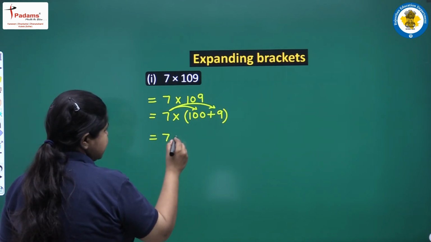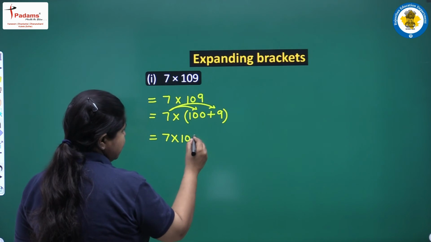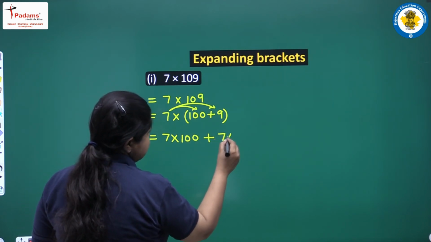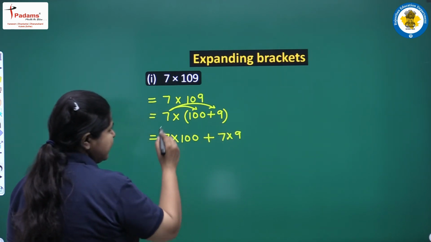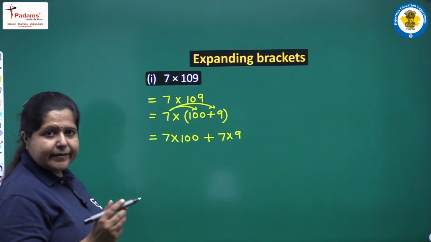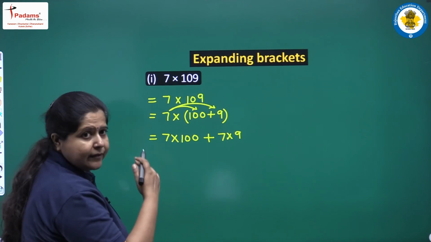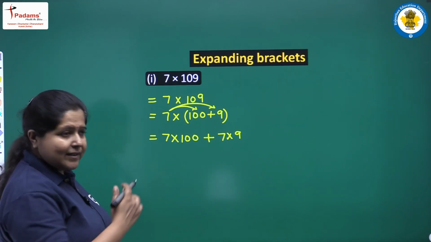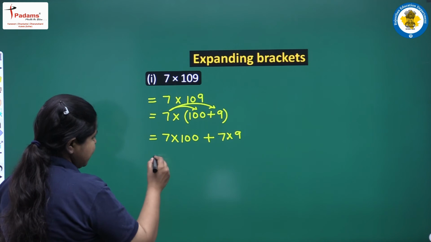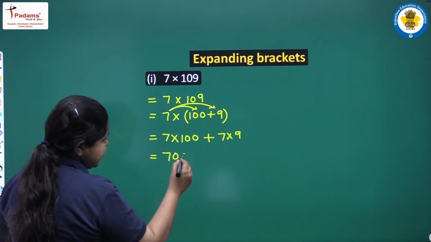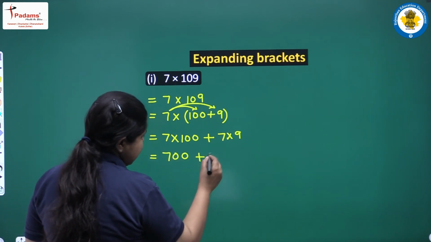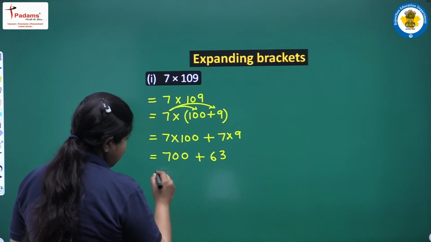This will give us 7 into 100 plus 7 into 9. What we have done? 7 multiplied by 100, we have separated it, and 7 multiplied by 9, we have again separated the expression. Now, this will give us 7 into 100, it is 700, and 7 nines is 63.